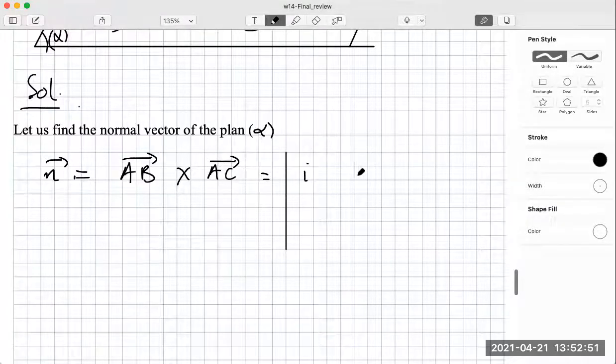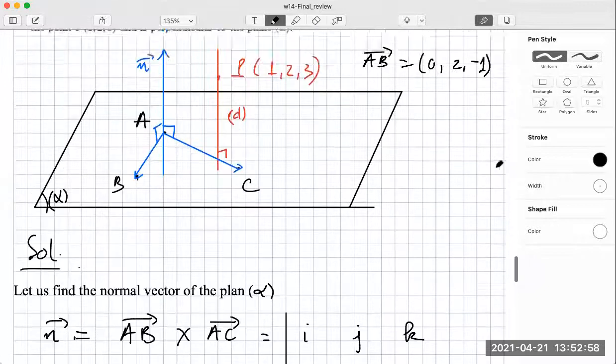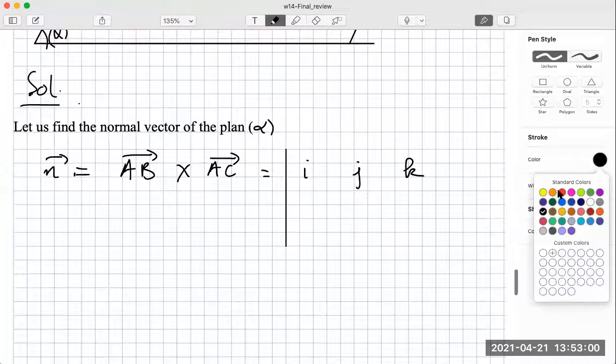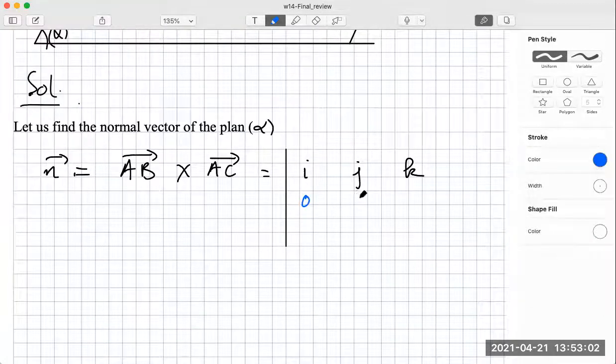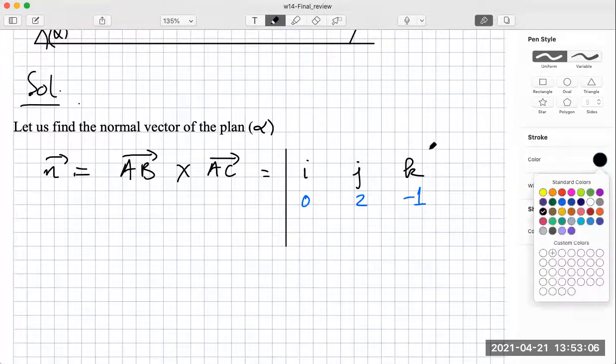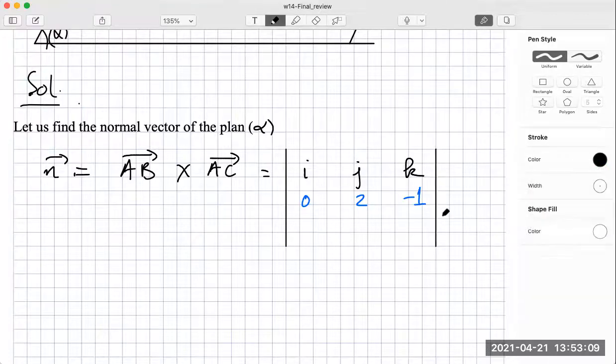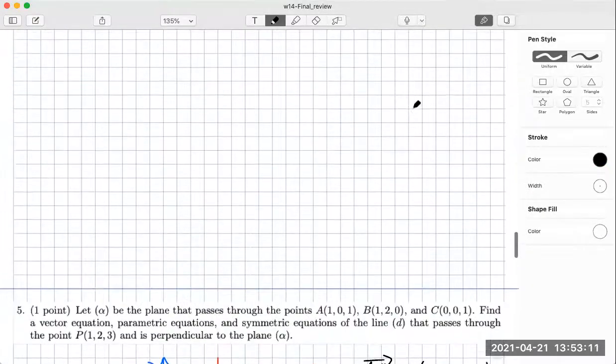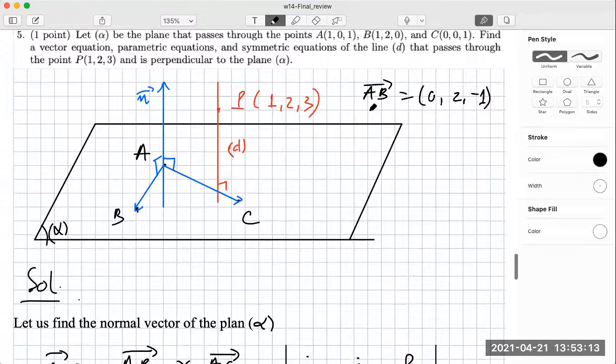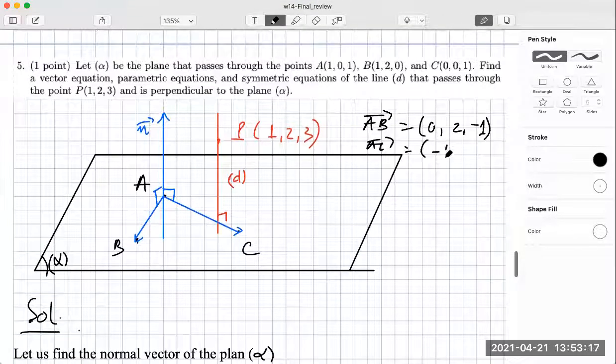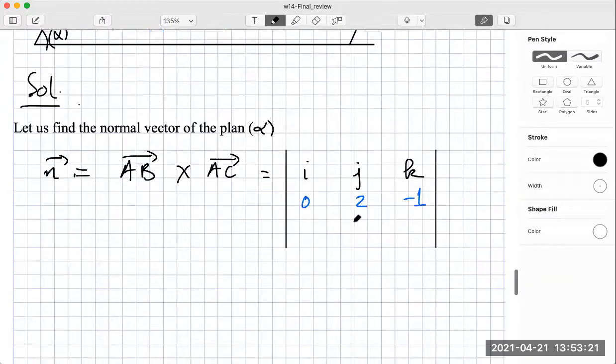It will be i, j, k. The first vector, which is the vector AB, is 0, 2, -1. And then the vector AC. What is AC? -1, 0, 0. Very good.